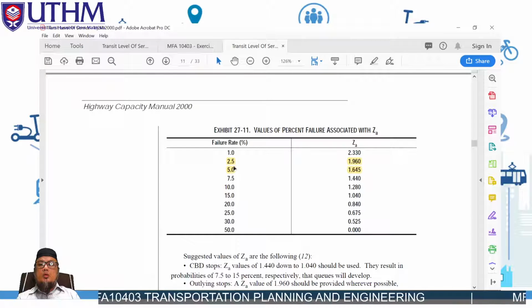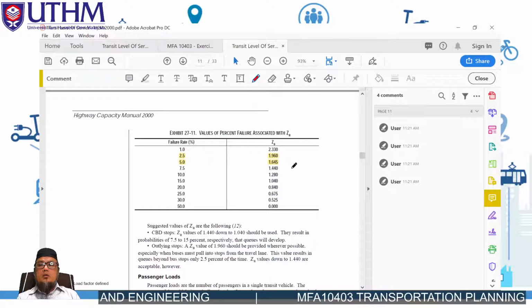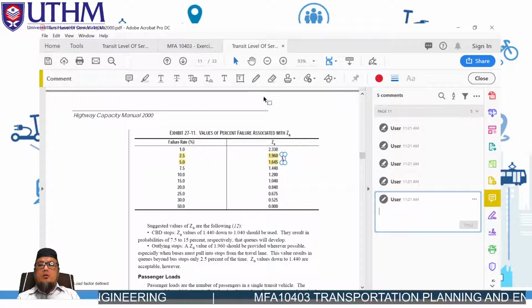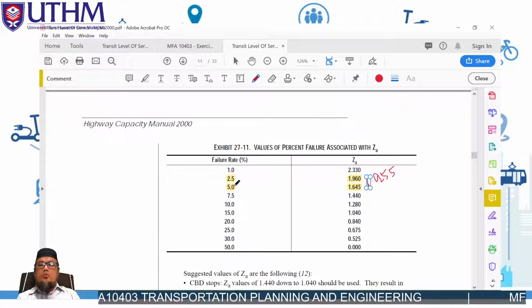So to get the value of failure rates, we obtain the ZA value here, which is 1.955. We are going to determine what the failure rate is for this particular value.